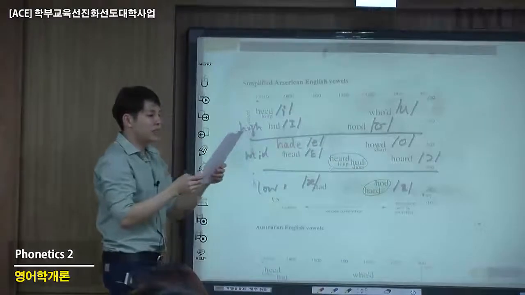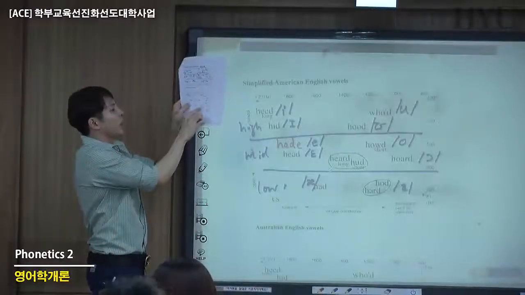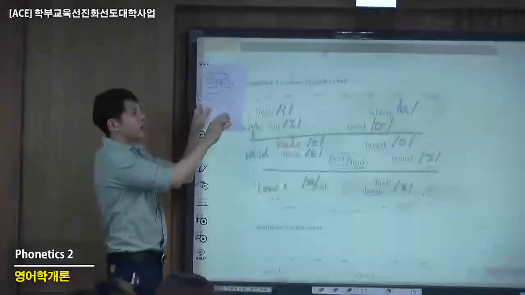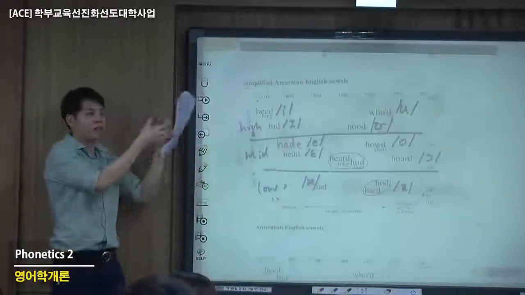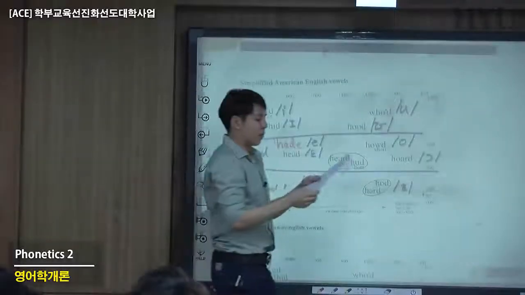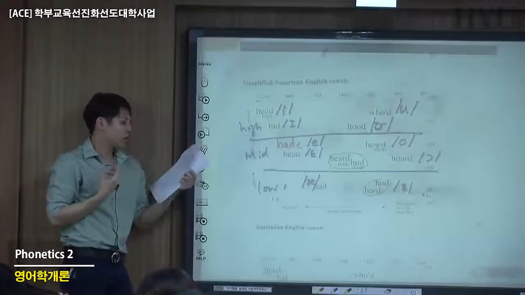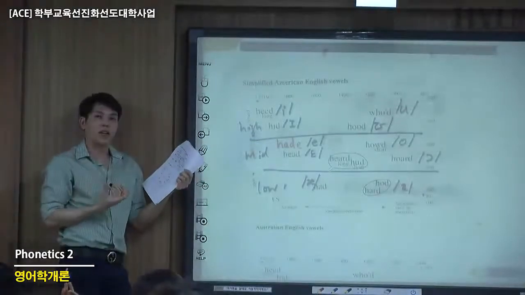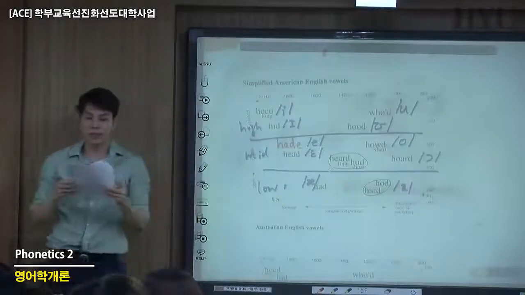At least you can see that maybe the hud and the hard, they pronounce them differently, and the hod, they pronounce them differently, very differently from American English. So you can see that vowels show a great difference between two dialects of English, okay?